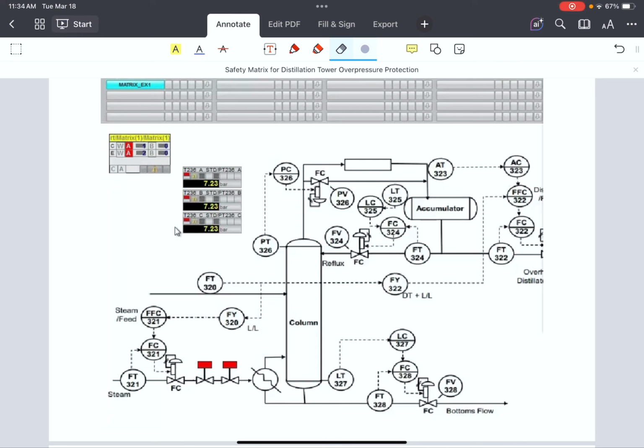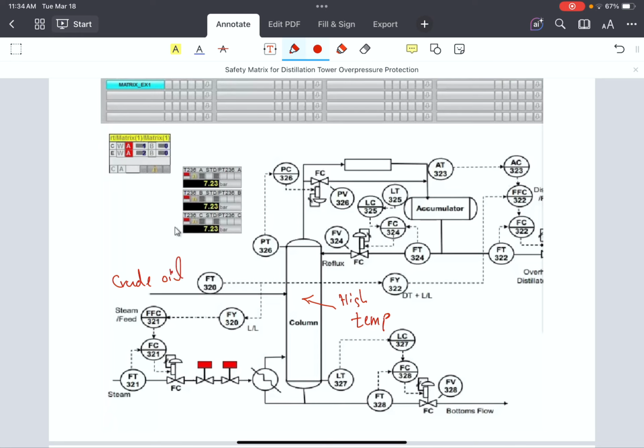If we have overpressure here, one reason for overpressure is high temperature, because the inlet for the distillation tower is crude oil.